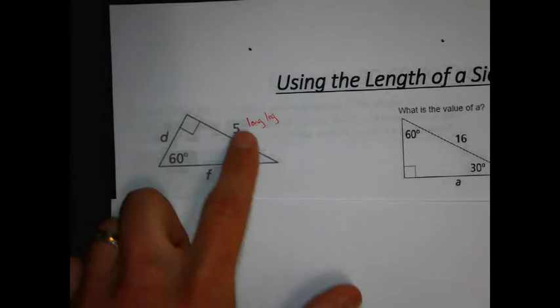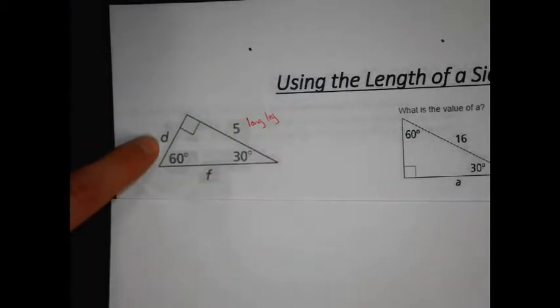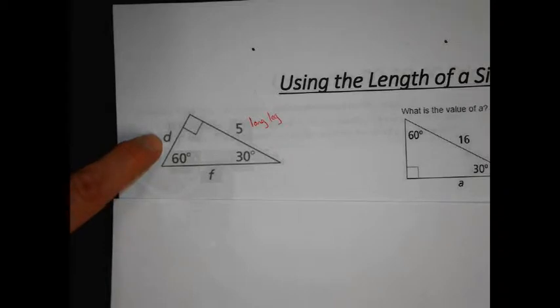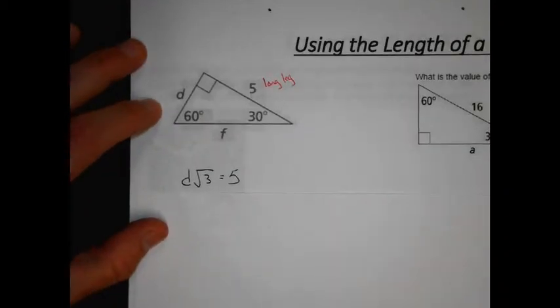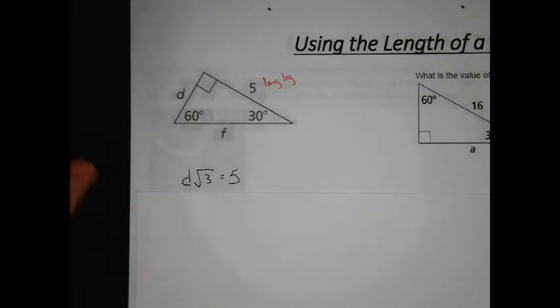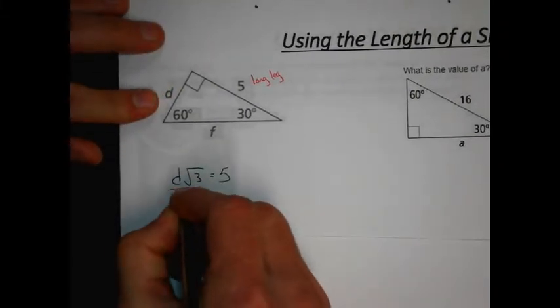Remember how we get to the 5 of the long leg: whatever we have for the short leg, we multiply it by the square root of 3, and we end up with our long leg. So how do we find the short leg? The same thing we did in the previous lesson. We're going to divide both sides by the square root of 3.